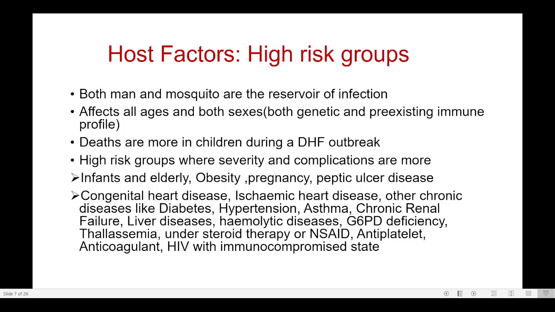These include congenital heart disease, ischemic heart disease, other chronic diseases like diabetes, hypertension, asthma, chronic renal failure, liver disease, hemolytic disease, G6PD deficiency, thalassemia, those under steroid therapy or non-steroidal anti-inflammatory drugs, antiplatelet, anticoagulant, or HIV patients with immunocompromised states. All these categories having any comorbidities are more prone to suffer from severe dengue.